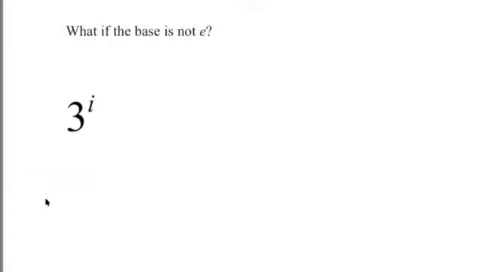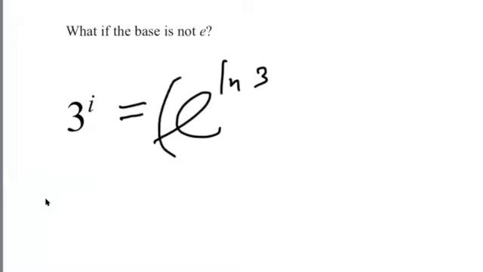Well, you can rewrite 3 as e to the ln3, to the i power. Because ln3 is what you have to raise e to get 3. So e to the ln3 is a fancy way of saying 3.